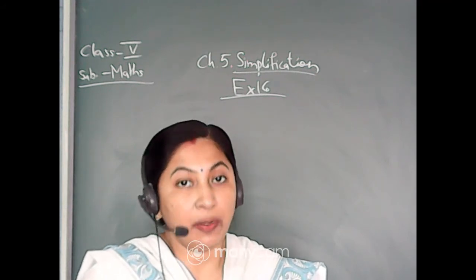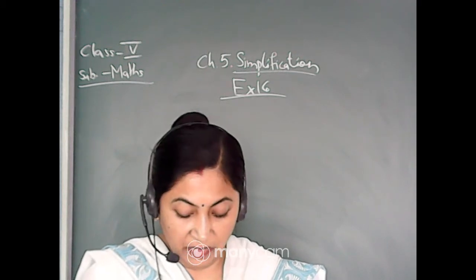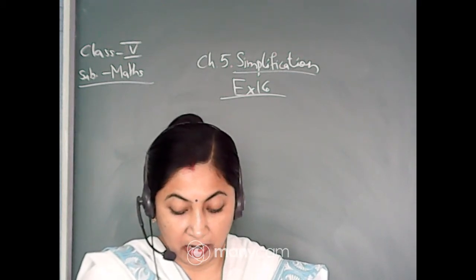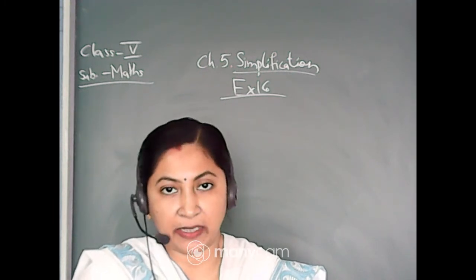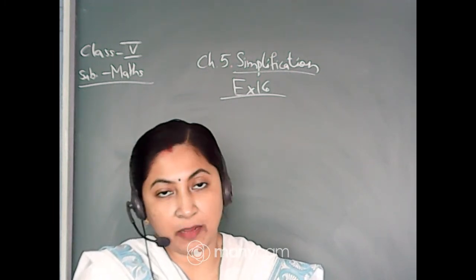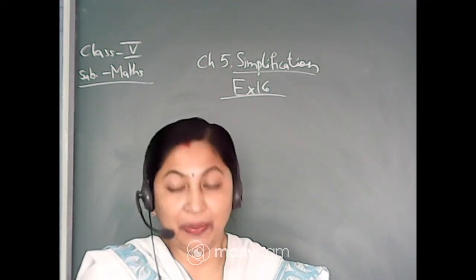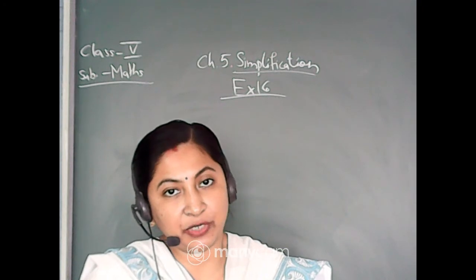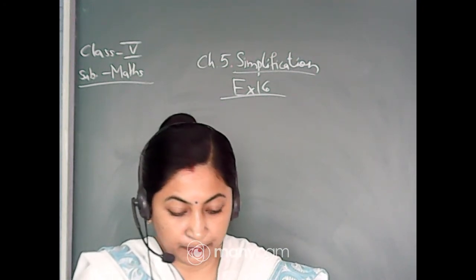If bar is given, then you will solve the bar first, then the small bracket, then curly bracket, and at the last you will solve the big bracket. After the brackets are completed, then O of, then division, multiplication, addition, and lastly subtraction. According to this rule you will solve exercise 16.